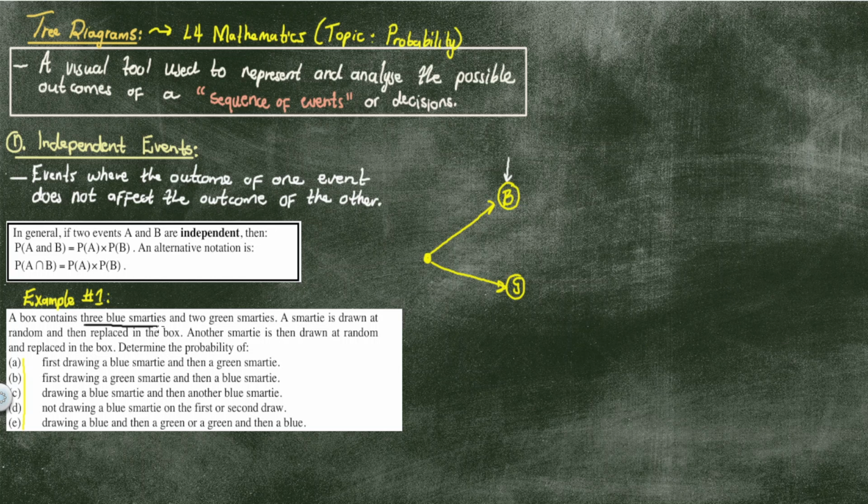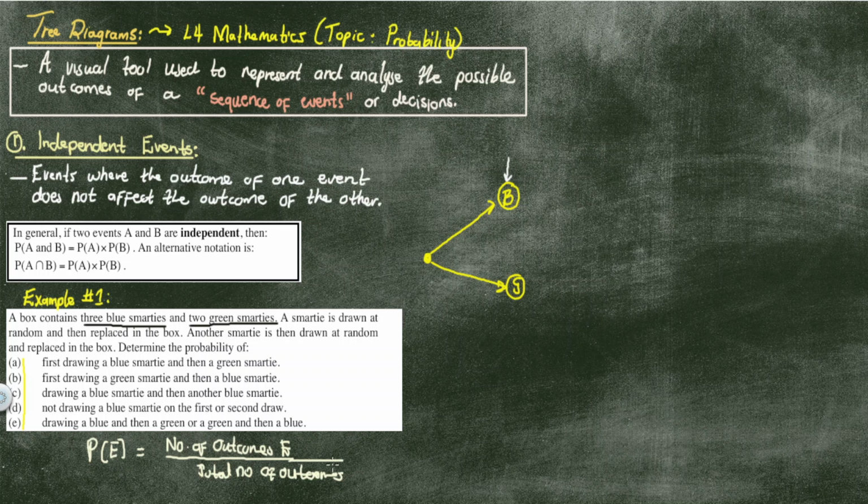3 blue smarties and 2 green smarties. So the probability equation says the probability of an event is equal to the number of outcomes of event E divided by the total number of outcomes.